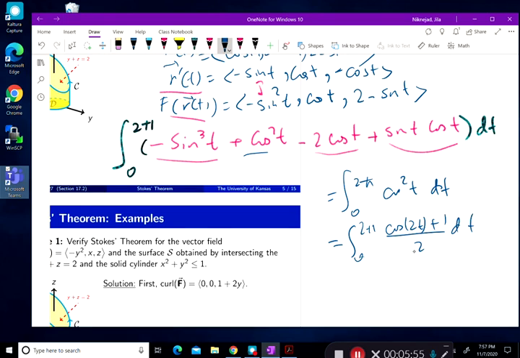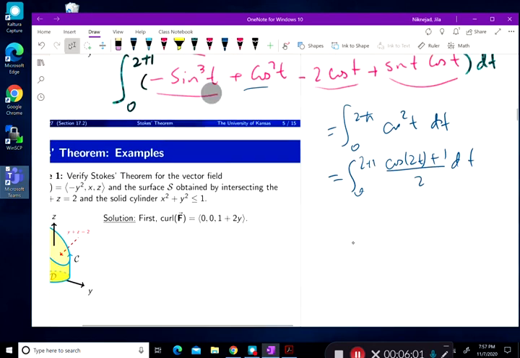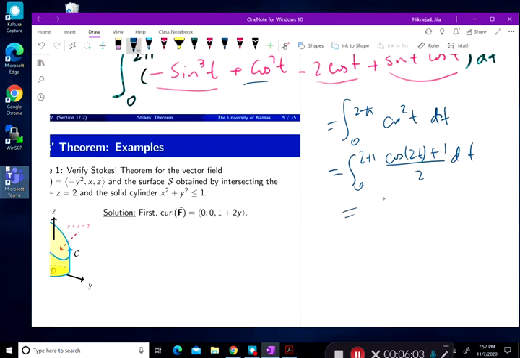Again, cos 2t over 2, the integral of that from 0 to 2π is going to be 0. So you end up with t/2 from 0 to 2π, that is equal to π. So the left-hand side is equal to π.